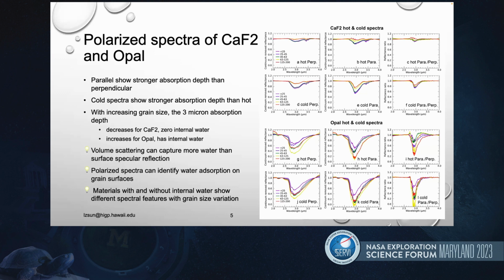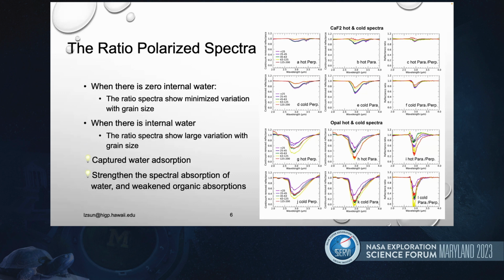And for the opal sample, this opposite trend is because of the large amount of internal water inside the opal sample. This is similar to what we will see in minerals, where larger grains have a larger amount of water. And let's go to the next slide.